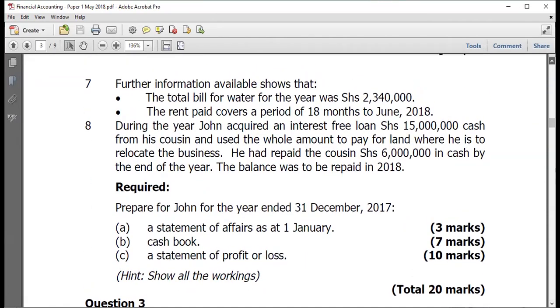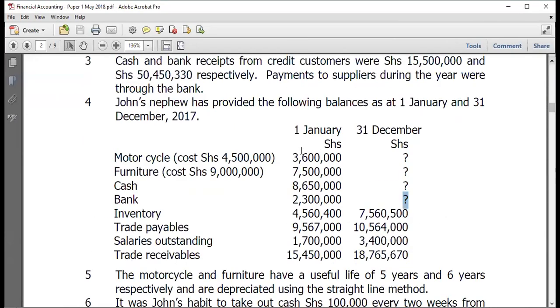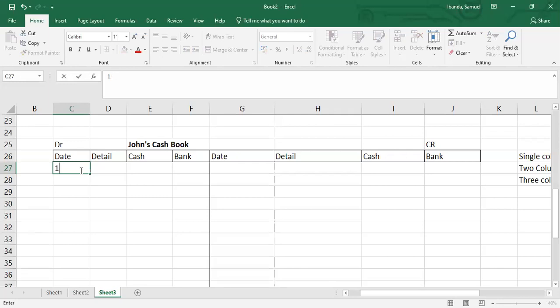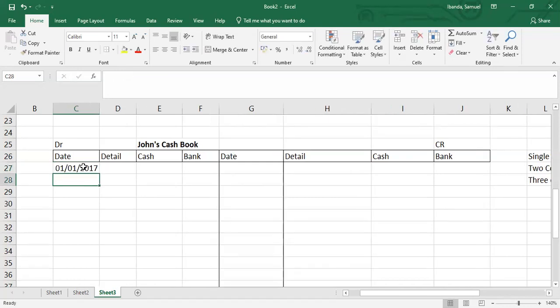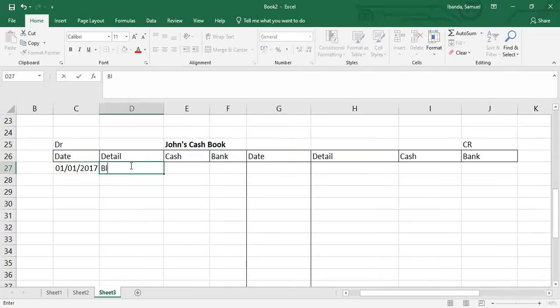So my balances brought down for cash and bank: I have 8 million for cash, and then bank this value. I'll just go and record them respectively. This is 1st of January 2017, and the detail is balance brought down.